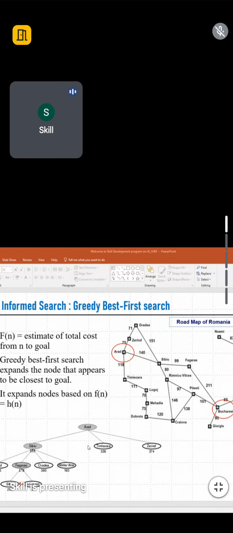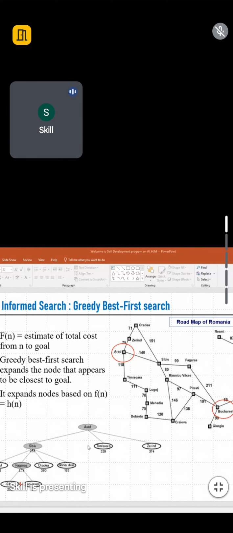So we will consider this one here, and again we will take the adjacent places to Sibiu. Here from the map, you can see Rimnicu Vilcea, then Fagaras, then Oradea, and Arad also are the adjacent places to Sibiu.